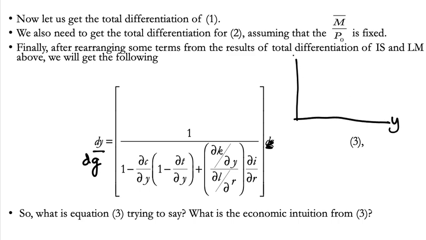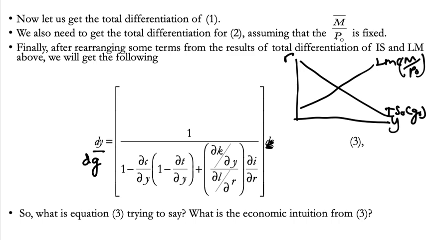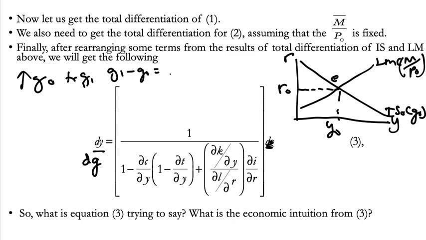So you have Y, interest rate, and then you have IS with initial G0, and then you have LM with the current, existing money supply without change, and the existing equilibrium is E here, Y0, R0. And then, like I said earlier, let's say there is an increase in G from G0 to G1. So G1 minus G0 is equal to the change in G. And this change in G is referring to this.